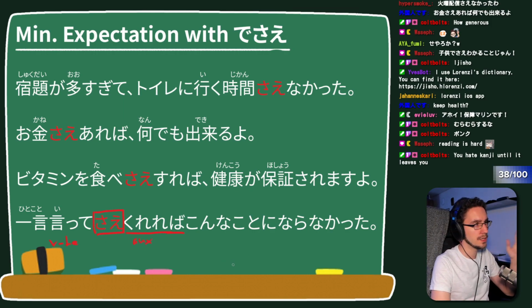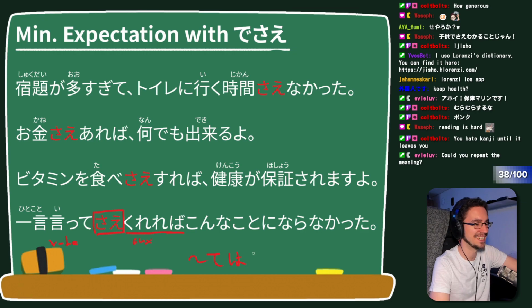Now, the only other thing that I know that does this is the wa particle for contrast. So the other thing that you might see do this is te wa, for example in te wa ikenai, right? That's not how you write ikenai. Close enough though, I tried. Could you repeat the meaning? Yes, I actually haven't even gotten to the meaning yet.